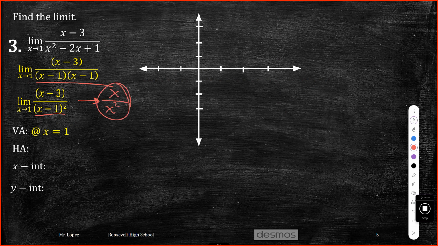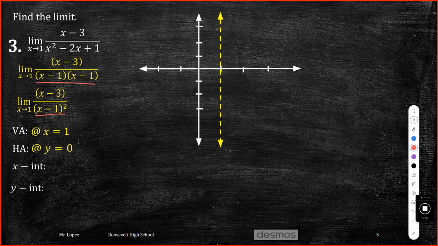Whenever the bottom is a bigger power than the top, the horizontal asymptote will be y equal to 0, because this grows without bound. This one grows faster than the top, so it's going to be y equal to 0. We'll go more in depth with that later. So it's y equal to 0 whenever the bottom has a bigger power.